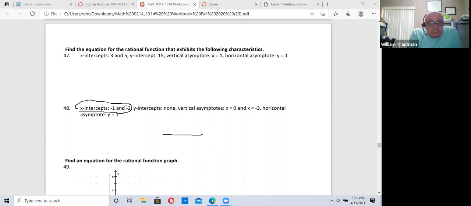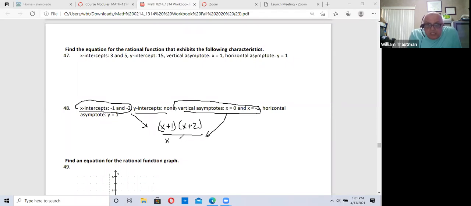Remember, x-intercepts are on top. -1, so we put a +1. -2, so we put a +2. Y-intercepts are none. Vertical asymptotes are at 0 and -3, so the bottom gets x times x + 3. The horizontal asymptote is at y equals 1.